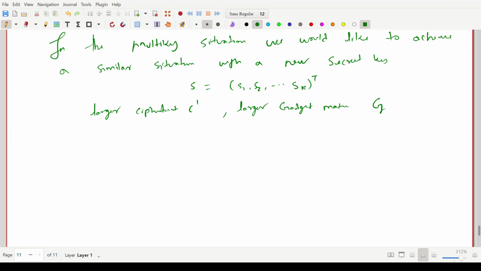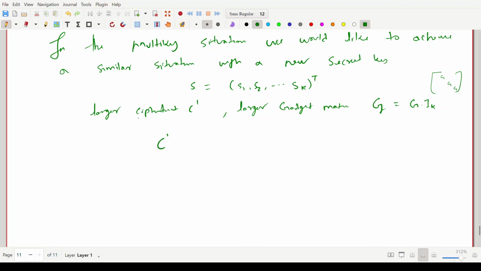And what is the condition it would satisfy? You see, this gadget matrix is just G multiplied by the identity matrix of size K. So this G will be here like this, G like that. Now what is the property it will satisfy?